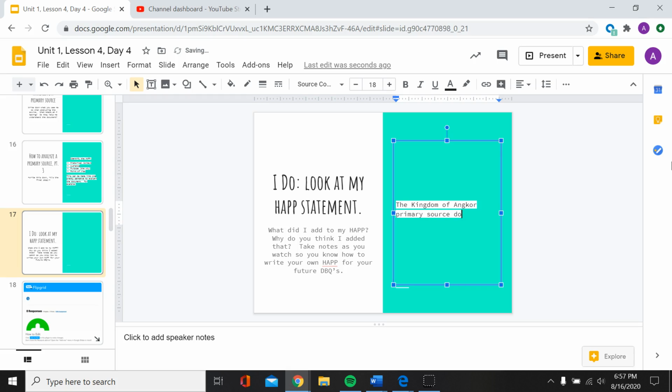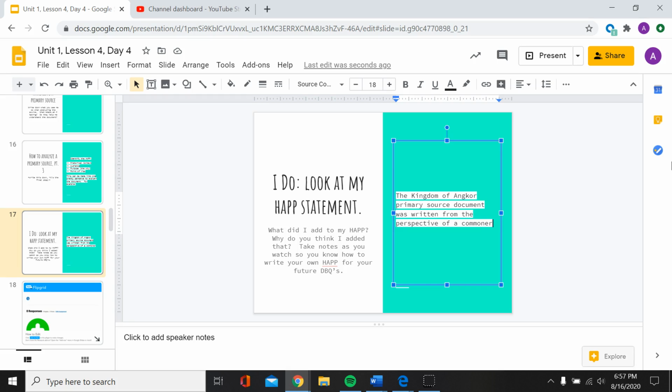primary source document, because the Kingdom of Angkor is our title, and this is a primary source document, was written from the perspective of a commoner, right? Because he's an inspection officer. He's definitely not the king, and from what we read, the king is the one who is valued the most in this society.